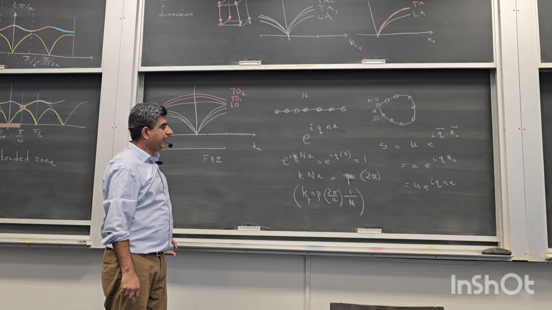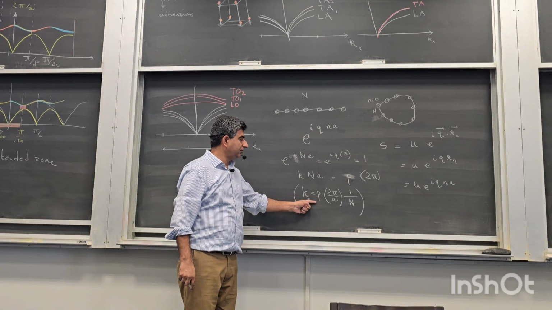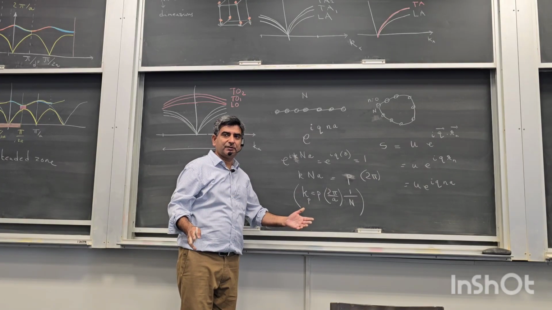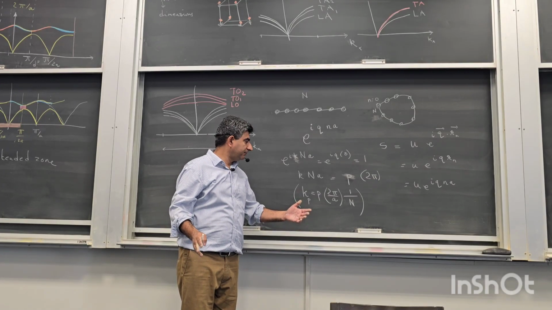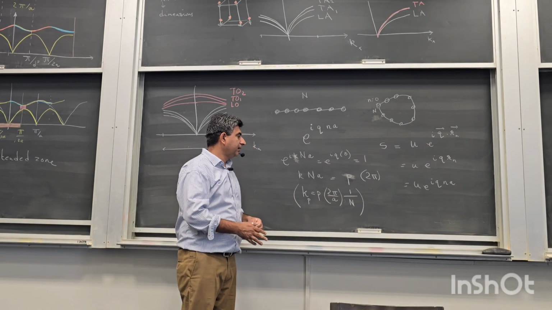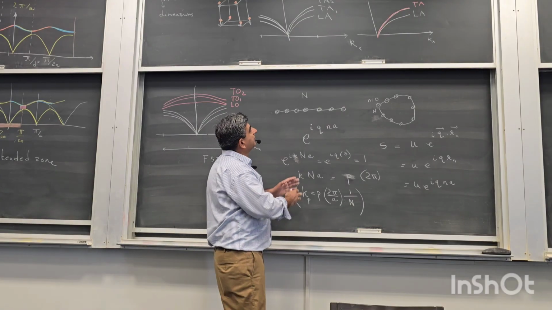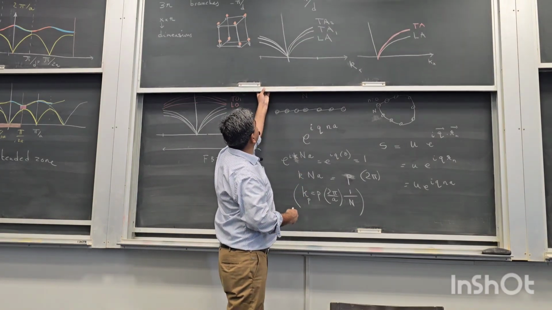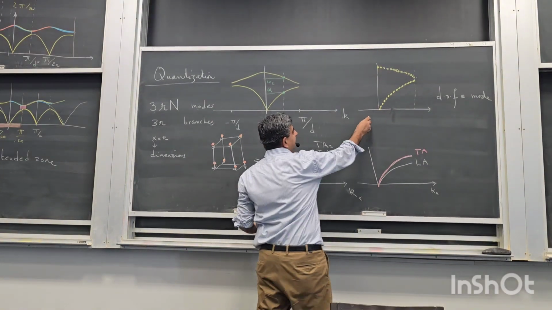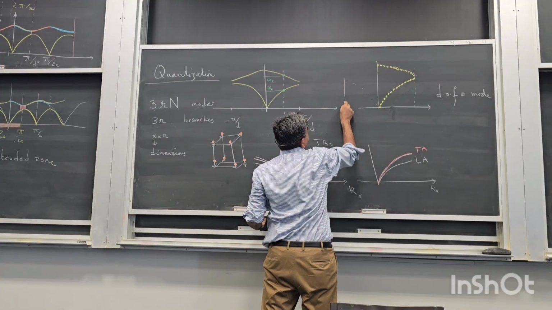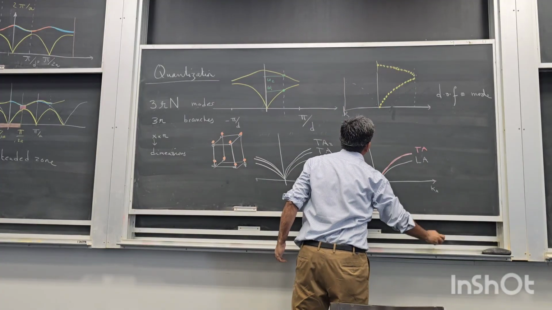And p goes between the 2 edges of the first Brillouin zone.